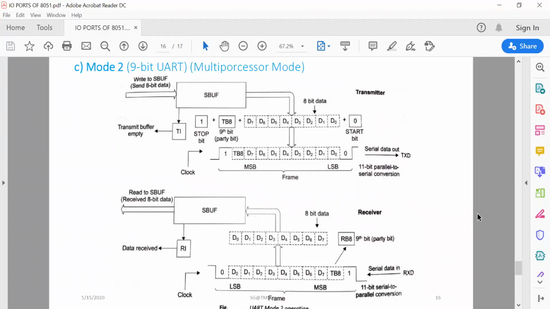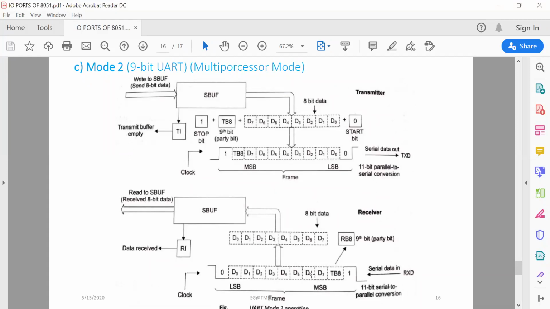In this way, a start bit, 8 data bits, a ninth bit, and a stop bit. How much? So 8, 9, 10, 11. Total 11 bits have to be sent or received through the TXD pin or RXD pin.